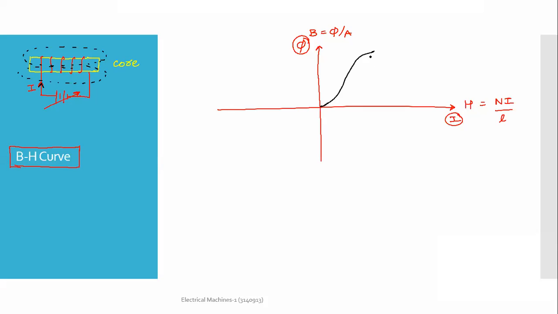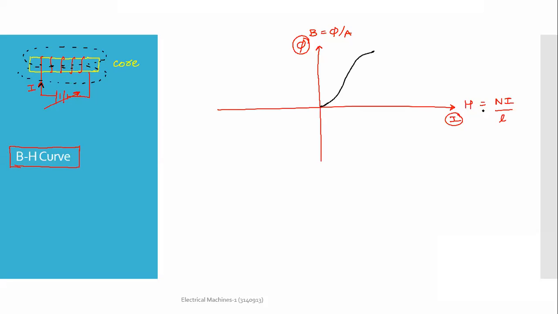Let us call this the maximum flux density. So this is the point which will be the maximum flux that can be set up in the core without any saturation. We will also discuss the saturation region in this class. So let's say we have magnetized the core up to this point.